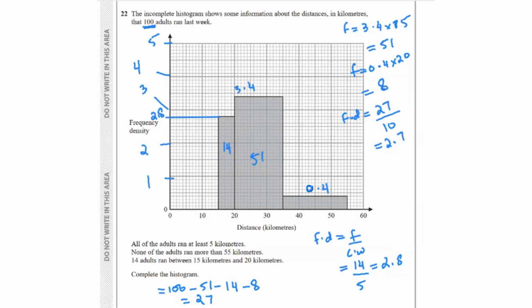So first we mark 5 over here. So this is your bar for the histogram.